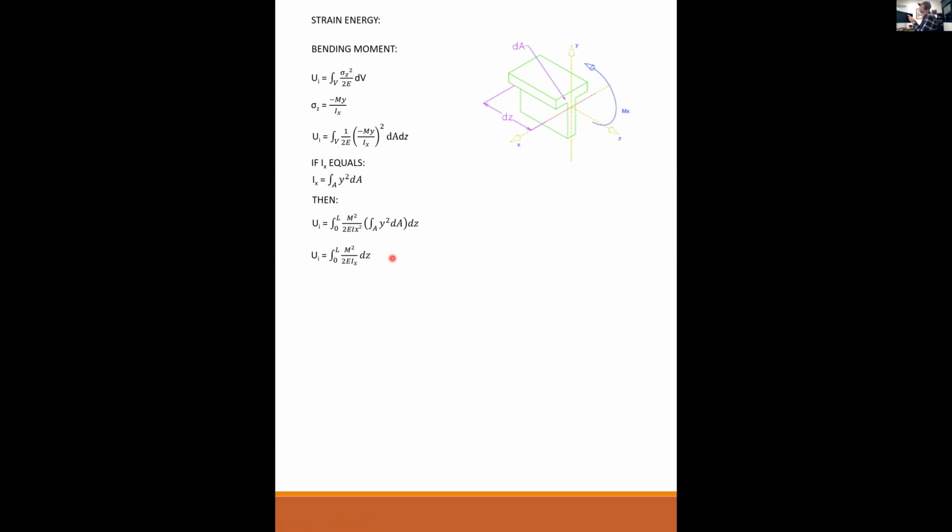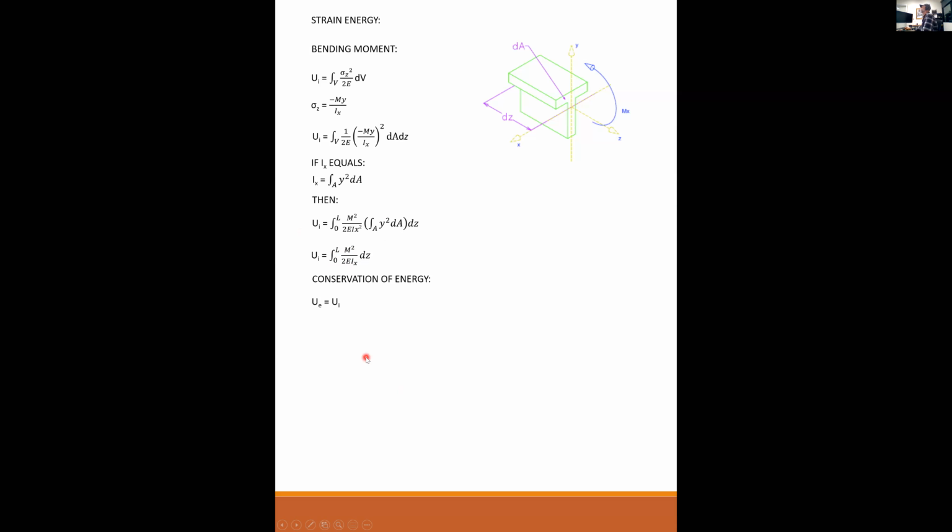That becomes Ix, and the Ix cancels one of the Ix that was squared here to leave us with the internal strain energy as the integral from 0 to L of M squared over 2EIx dz. That's the general form.